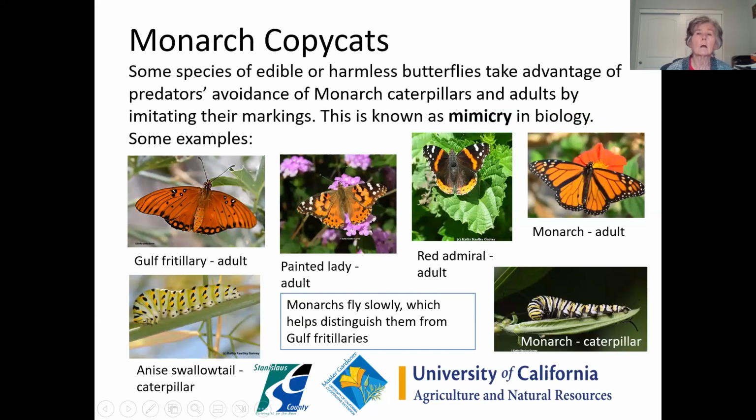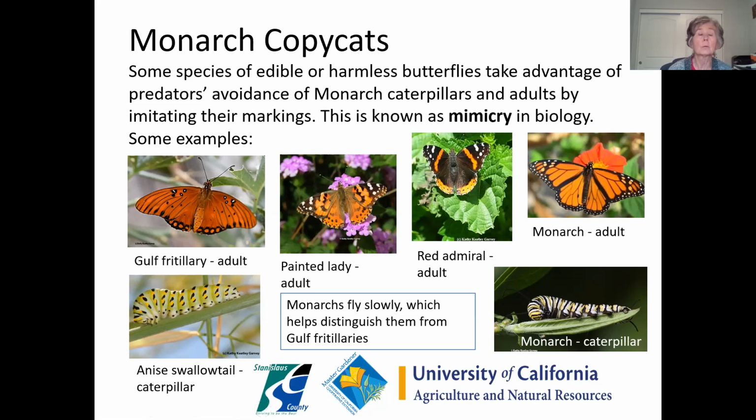And as Rhonda touched on before, there are quite a few copycats out there that are taking advantage of the monarch butterfly being distasteful or poisonous. And some examples here are the gulf fritillary, the painted lady adult, the red admiral adult, and of course here you can compare them with the monarch adult.